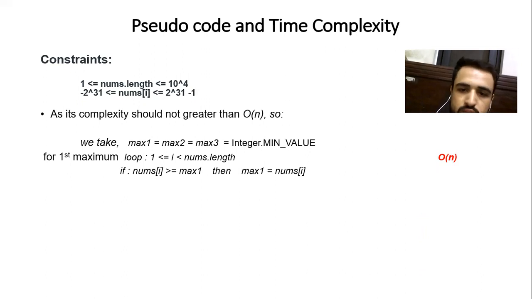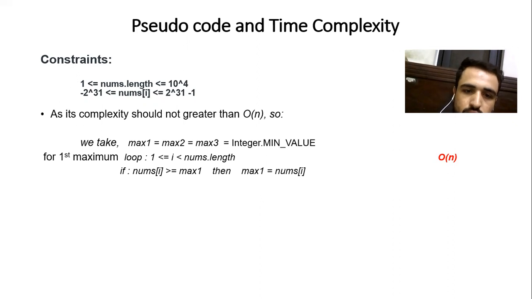So for the first maximum value, we have to put in a loop. If we try to sort the array using Arrays.sort, there will be a complexity problem, and our goal of O of n will not be achieved. So the loop runs from 0 to less than the length of the array.